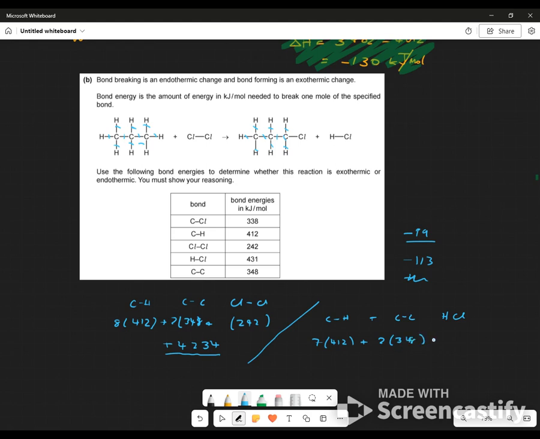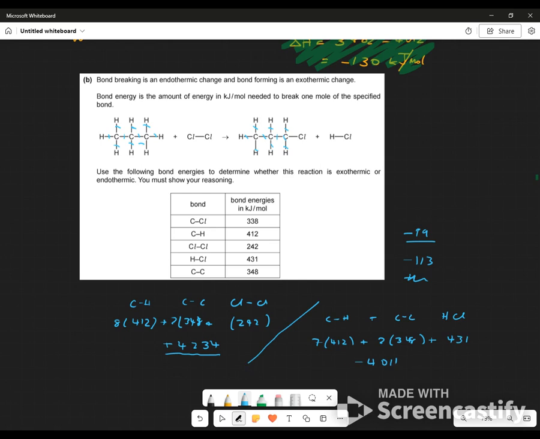Okay, and now I've got to do an HCl as well. HCl is 431. So I get 7 times 412 equals that, plus 2 times 348 equals that, plus 431 equals that. I get 4011. It's exothermic, so it's there.